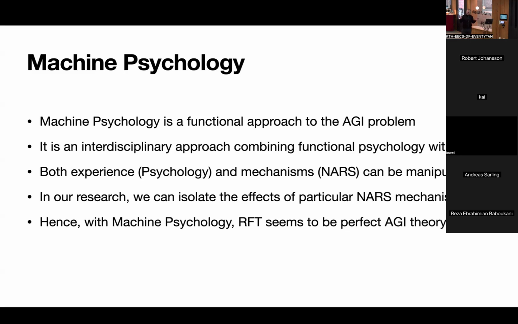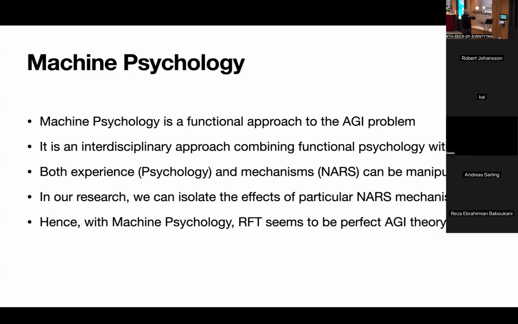But we have another possibility that is not possible with animals. We can also manipulate its mechanisms. We can choose which part of NARS is there, so to speak. So that's really what I mean with a functional approach, that we can isolate the effects of particular NARS mechanisms and that effect in combination with the system's experience.